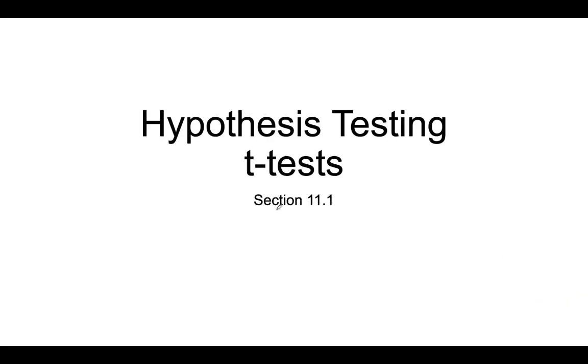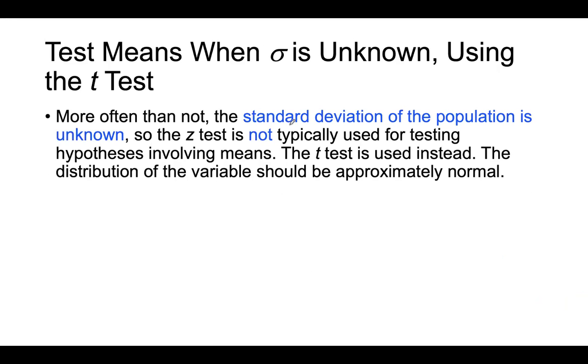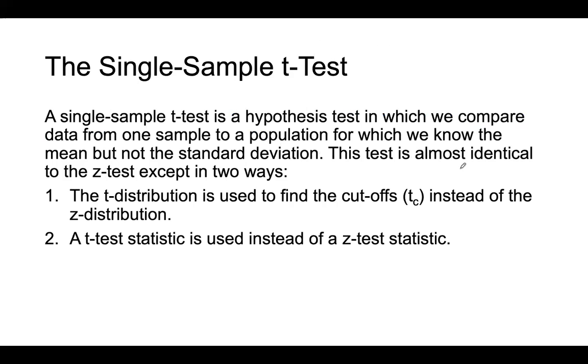So again, this is a little bit of a summary. We already did this. Hypothesis testing and t-tests. More often than not, the standard deviation of the population is unknown. So the Z test is not typically used for testing hypotheses involving means. This is where the t-test is used instead. The distribution of the variable should be approximately normal, and there are basic assumptions that we make.